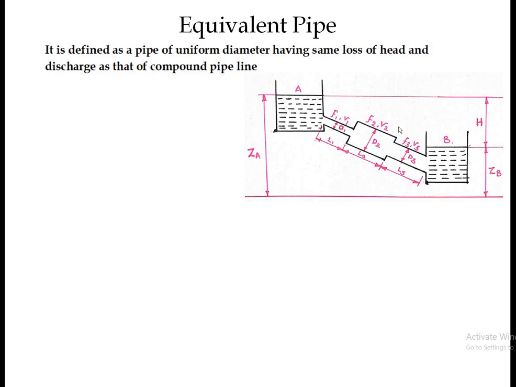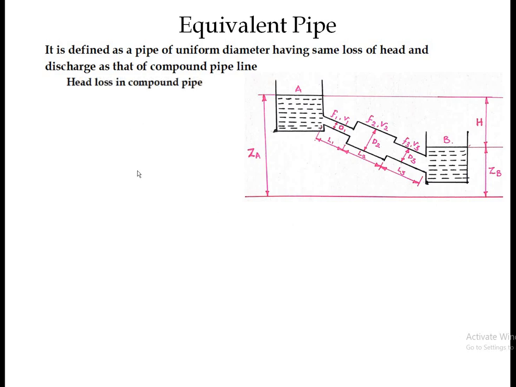The condition is that in both cases, the uniform diameter pipe and the compound pipes connected in series, the head loss and the discharge should be the same. In that case, I can say that the pipe with the uniform diameter is the equivalent pipe for this compound pipeline. So this is the equivalent pipe.